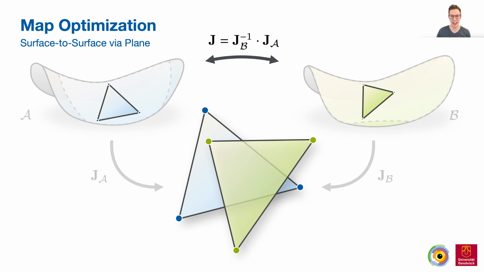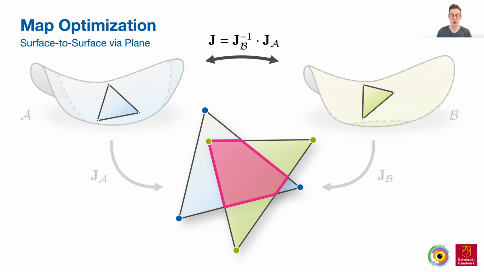The Jacobian of A is constant per triangle of A, and the Jacobian of B is constant per triangle of B, but the composed Jacobian is only constant in the area where the two triangles overlap in the plane. So we actually have to intersect both triangulations with each other in the plane and compute all of these intersection polygons. The result is an overlay mesh, as we've already seen in the representation chapter.